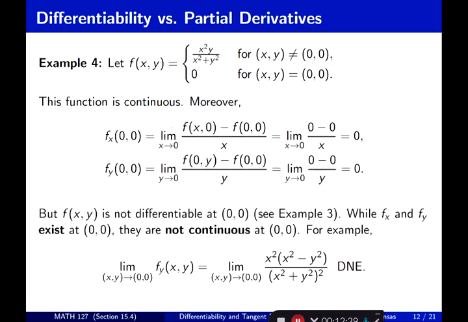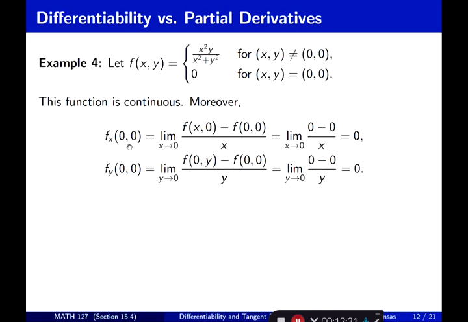So f sub x at 0, 0 is the limit of f of x, 0 minus f of 0, 0 over x, and the partial with respect to y at 0, 0 is the limit as y approaches 0 of f of 0, y minus f of 0, 0 over y.